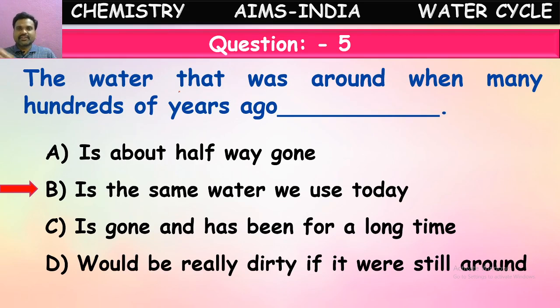This rainwater reaches these water bodies again. So it is circulating. It won't be stopped in the same place, or be gone. It will be there, but not in the same place. It will be circulating from one place to another because of climatic conditions. So the same water which we are drinking was used by people even a hundred years back.